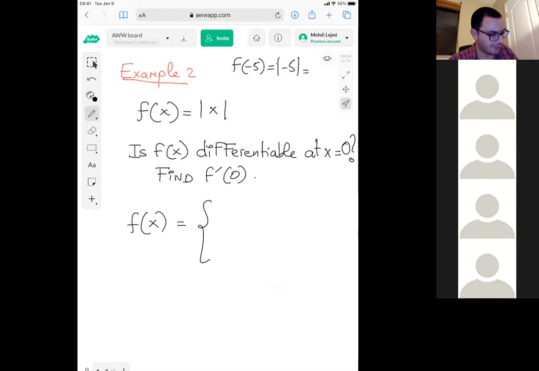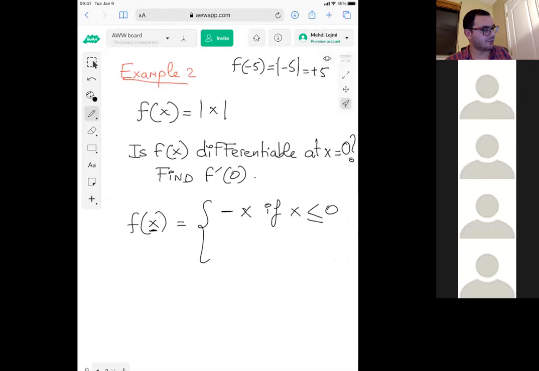It's +5, right? So you take the opposite. So if your number is negative, then you need to take the opposite. So if x is negative, then f of x is going to be minus x, the opposite of x. So x is negative means that x is less than 0.